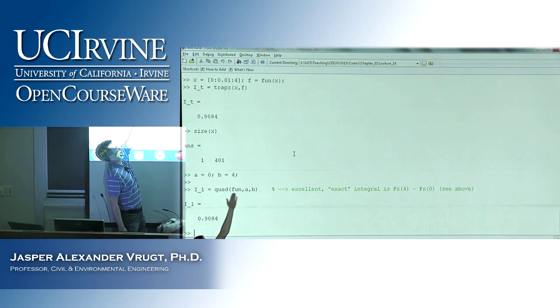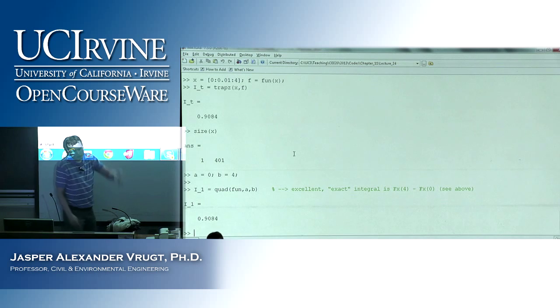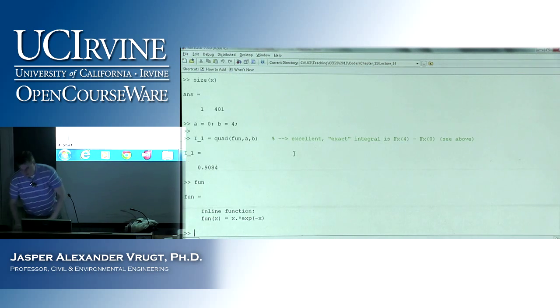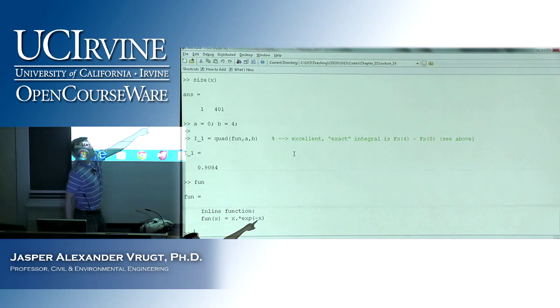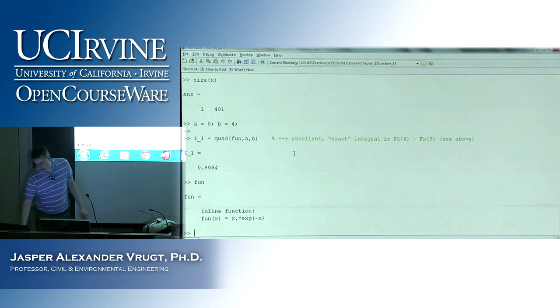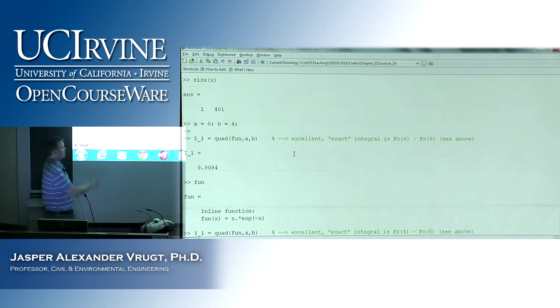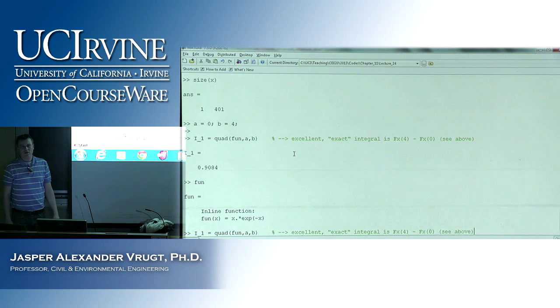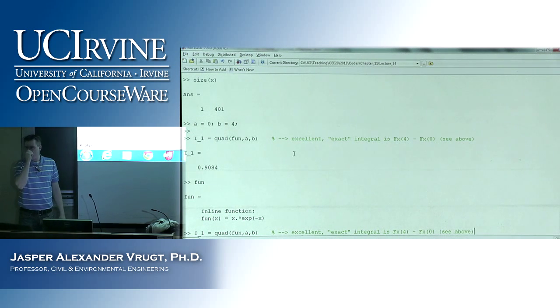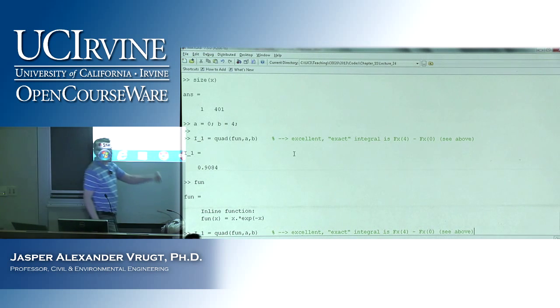So we only specify the function, which is an inline function. Our function is x times exp(-x). And then as the second input arguments we have the lower bound and upper bound. So this is very easy to use. You don't have to specify the x values.